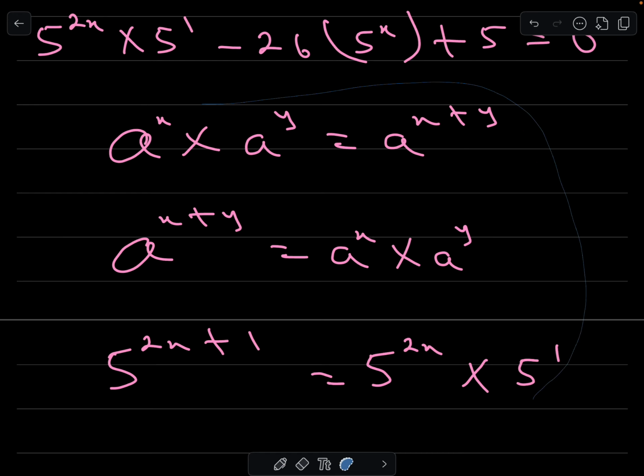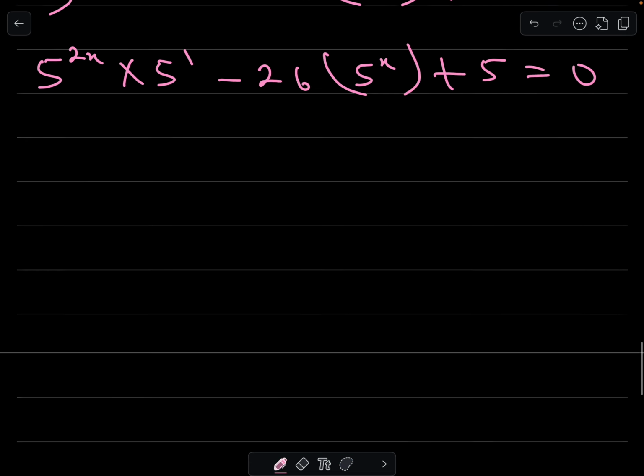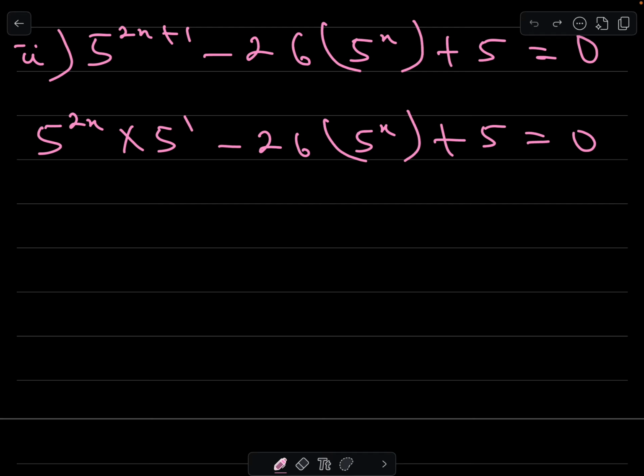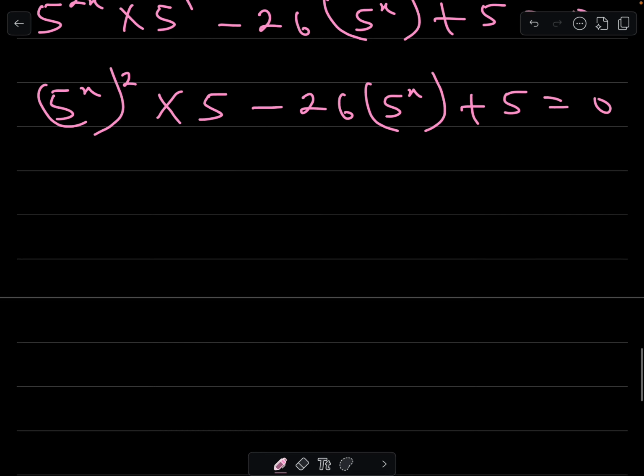Let's take this out. Now, this simply means 5 raised to power 2x is the same as 5 raised to the power x raised to the power 2, times 5 raised to the power 1 is 5, minus 26 times 5 raised to the power x plus 5 equals 0.